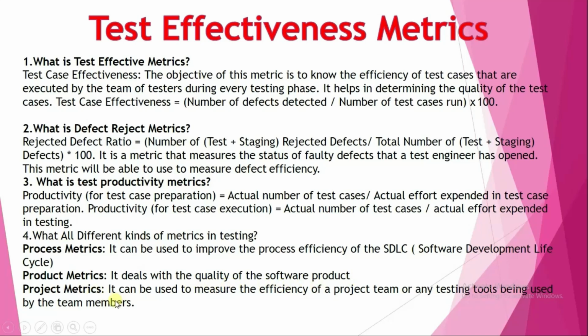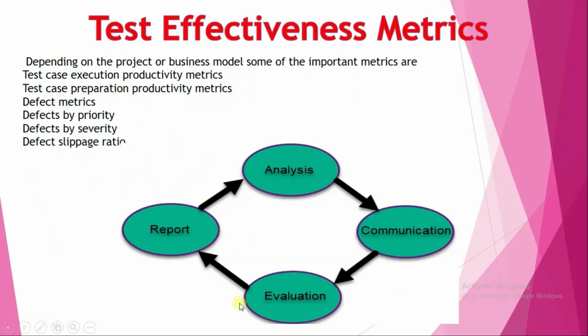Project metrics can be used to measure the efficiency of a project team or any testing tools being used by the team members. Then depending on the project or business model, some of the important metrics are test case execution productivity metric, test case preparation productivity metric, defect metric, defects by priority, defects by severity, and defect slippage ratio.